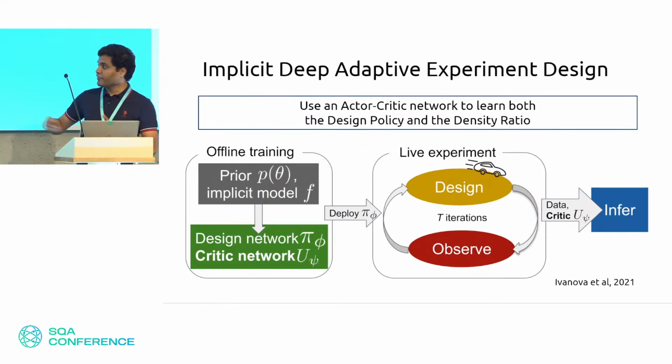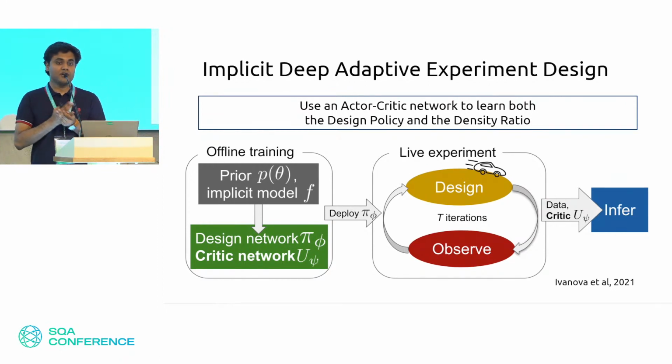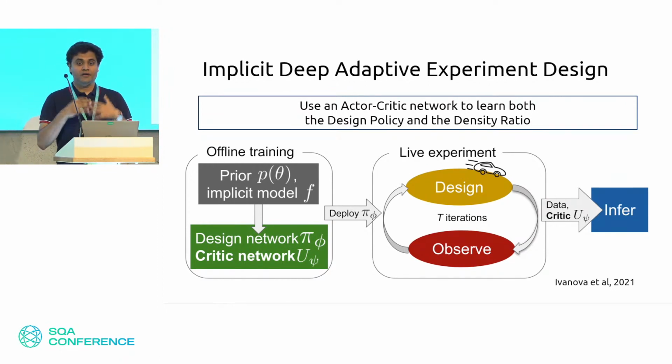So then you can use a reinforcement learning agent for that as well. You can use a reinforcement learning agent not just for predicting the best policy that will allow you to perform experiments for the maximum information gain, but you can also use a reinforcement learning agent to essentially estimate that density ratio that we saw in the previous slides, which looked ugly. And that makes this thing very computationally affordable when running on real experiments.